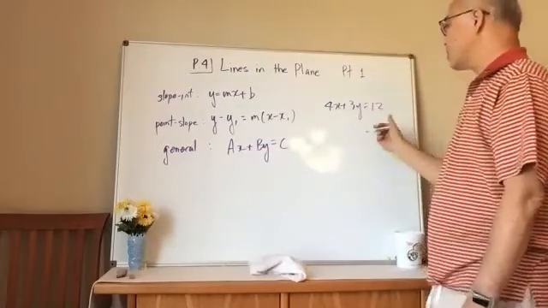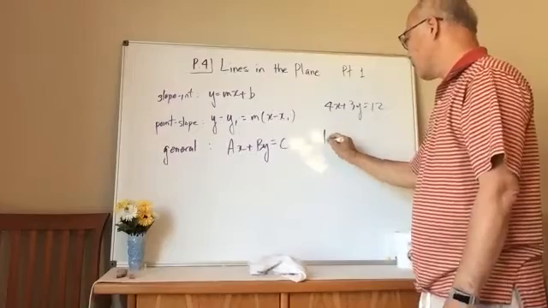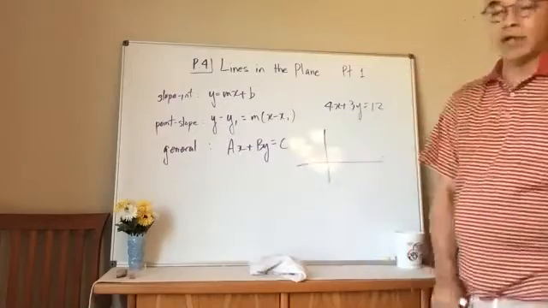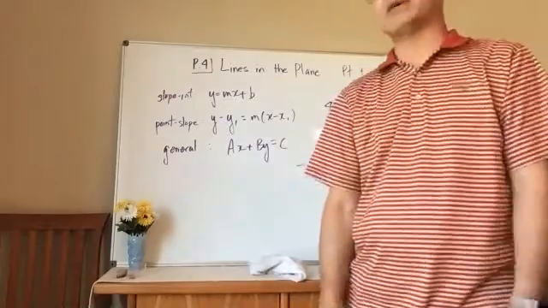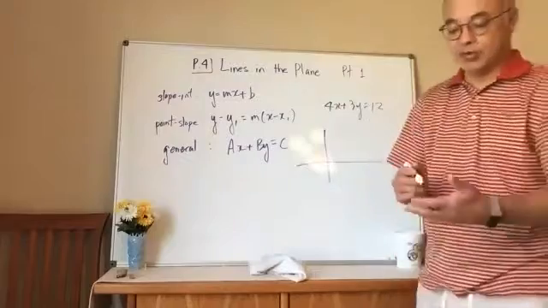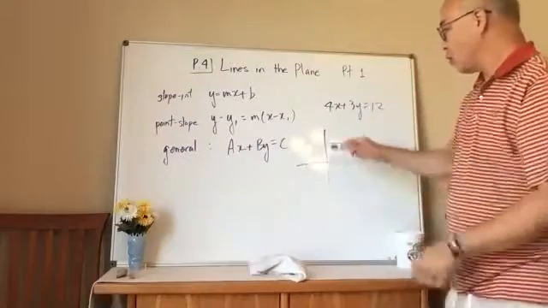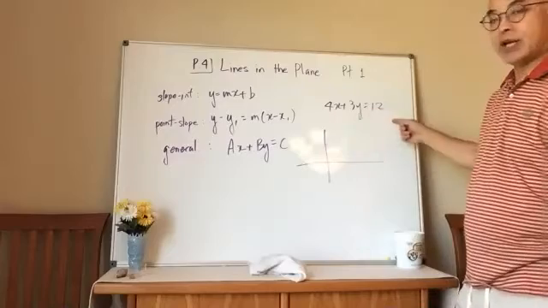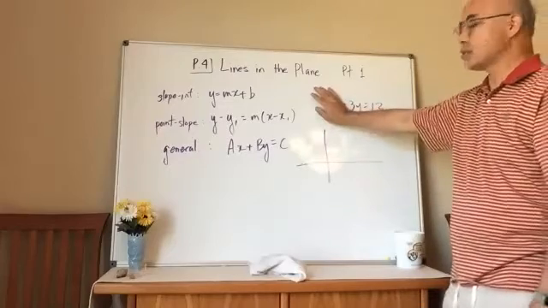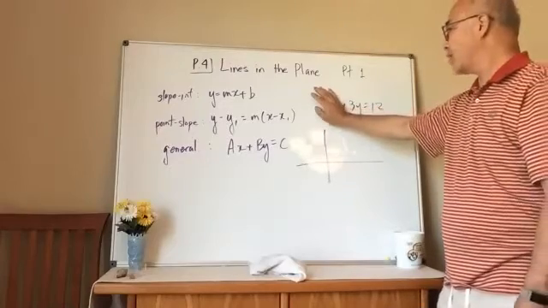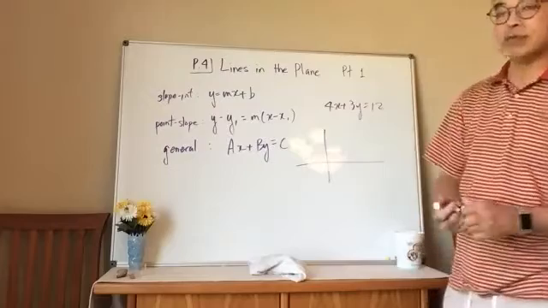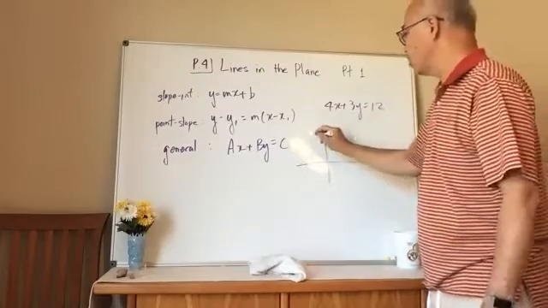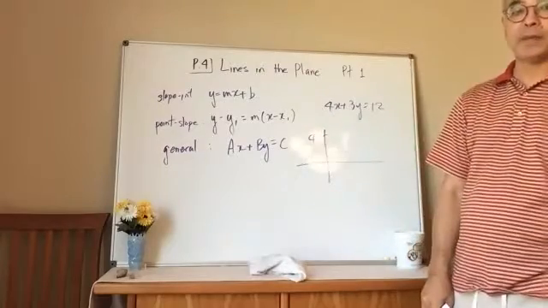If you look at this equation, I can find out what the y-intercept is without really having to do much, right? The y-intercept happens when x is equal to 0. So in this equation, x is going to be equal to 0. This goes away. So what do I have left? I have 3y is equal to 12, which means that y is going to be equal to 4.